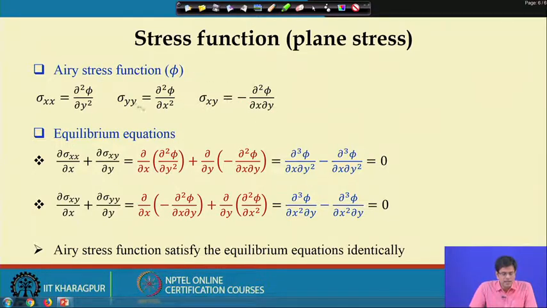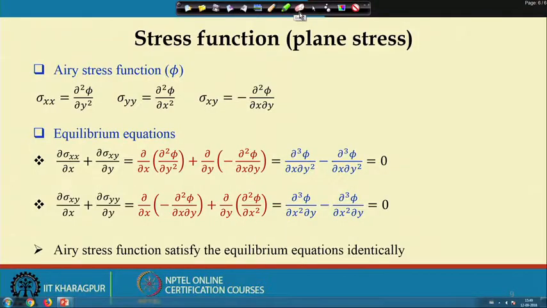Now, if I substitute this in the governing equation of equilibrium, it exactly satisfies it. That property we have seen earlier. This stress function phi is known as the Airy stress function.